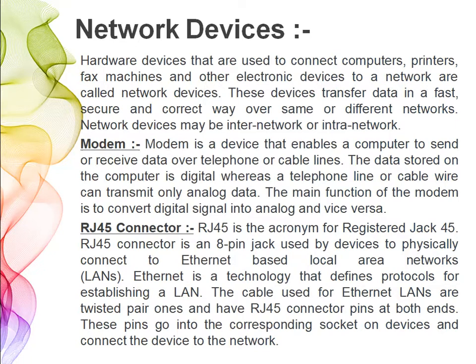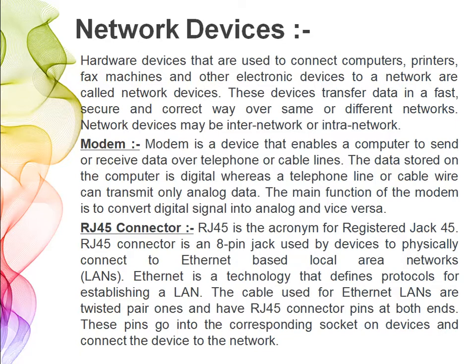The RJ45 connector is an 8-pin jack used by devices to physically connect to an Ethernet based local area network. Ethernet is a technology that defines the protocol for establishing a LAN. These RJ45 connectors are used when you are establishing a local area network. In your labs also, you can see those RJ45 connectors.